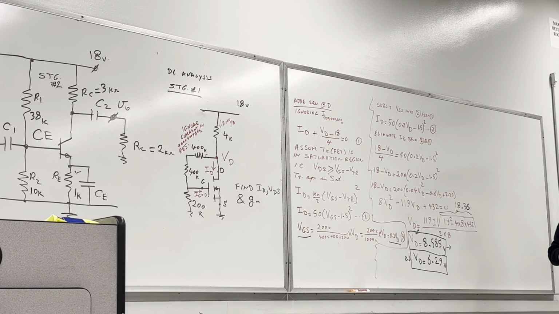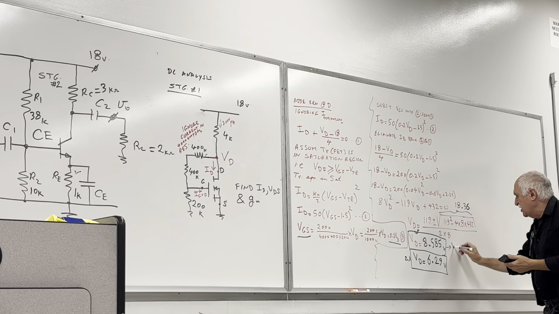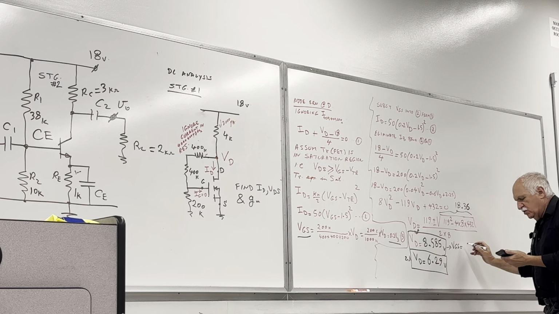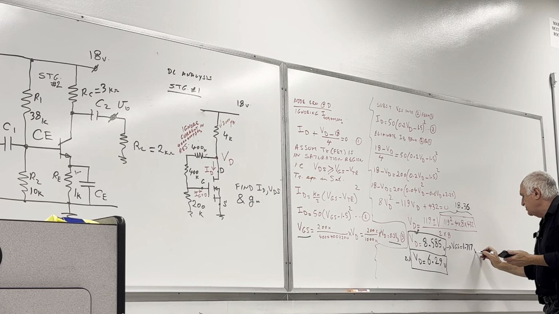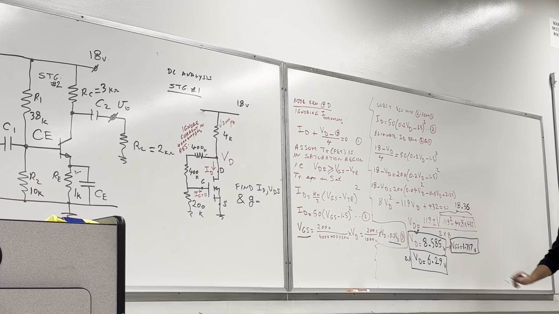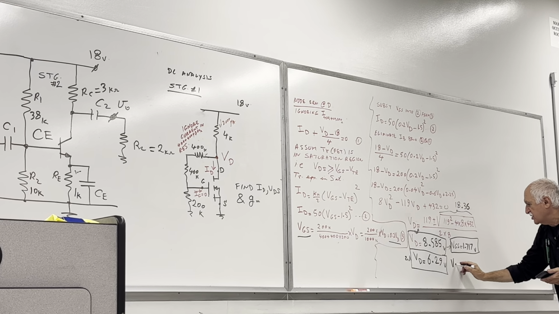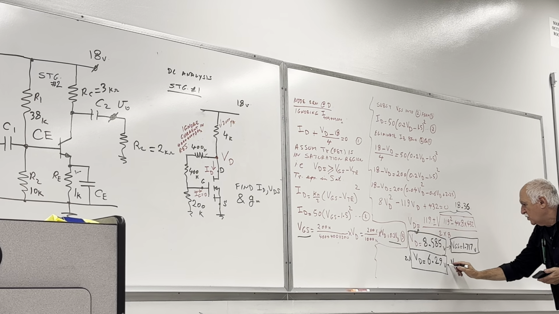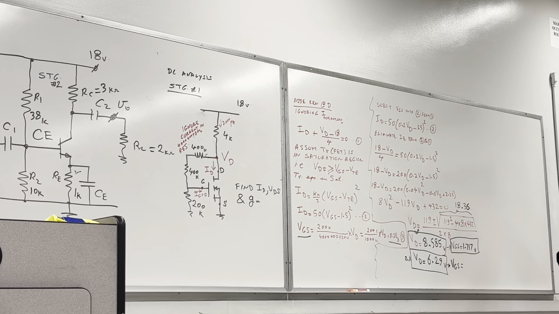So 8.585 multiplied by 0.2. This will be the answer. VGS will equal 1.717 volt. Try the second one. VGS will be equal to 0.2 times 6.29.